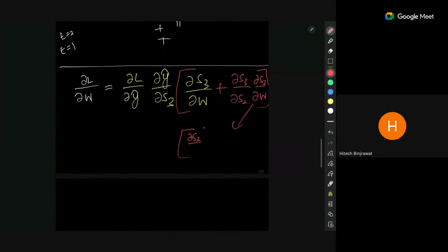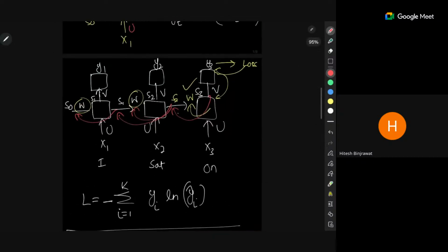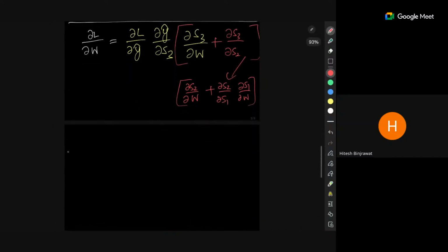It should not be just this much, so whatever this multiplication is, I have to write it. So I do S2 with respect to W, then S2 with respect to S1, and then S1 with respect to W, and that's all, right? S0 I don't have to do, there is nothing further. So my equation looks like this, if I write it.